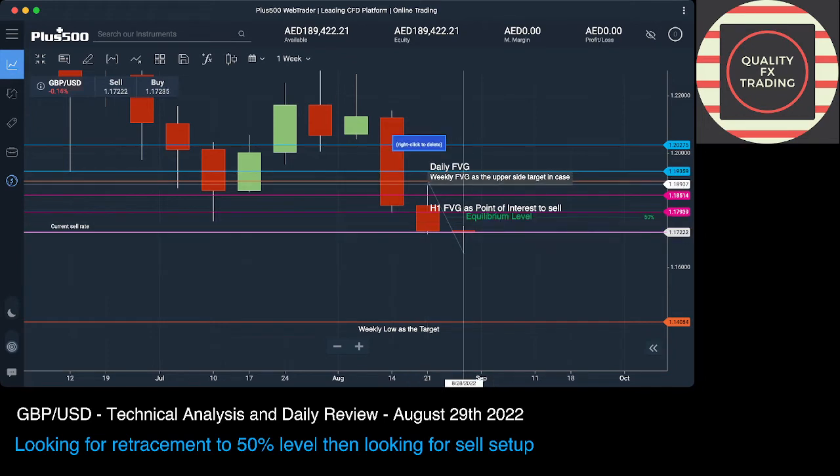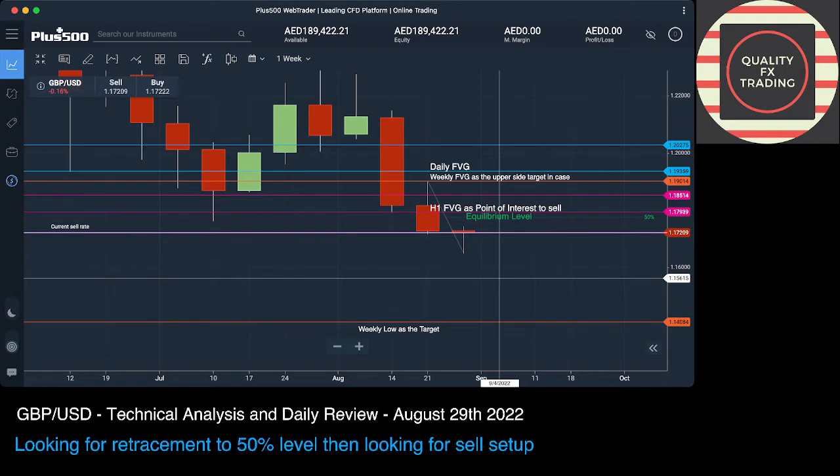So if we get the pullback on a weekly time frame, we could expect the price to push up to this weekly fair value gap as our upper side target in case this is going to happen by this week. So we can expect the price to reach to 1.19 level.